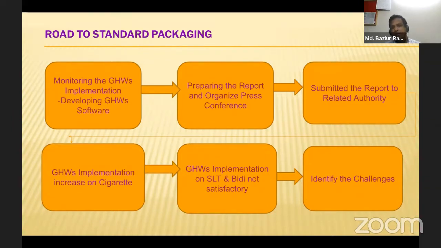That means the district administration, from which districts we collect the information to show the violation of graphical warnings, and requested them to take initiative against this violation. And with this, the graphical warnings implementation has been increased, but we identified some challenges.